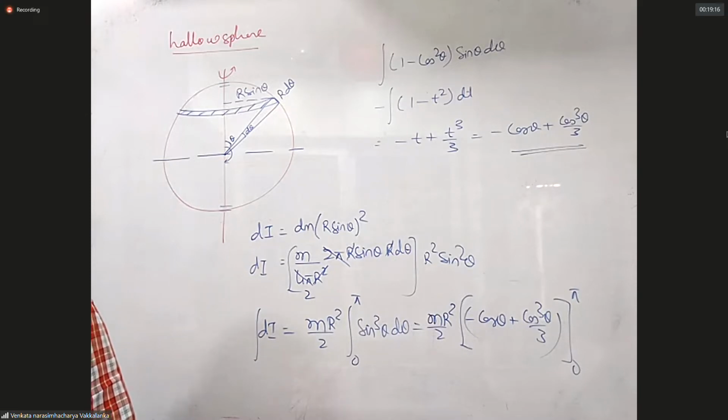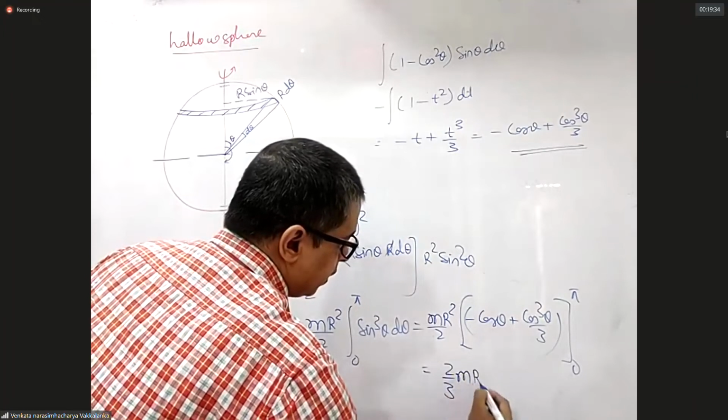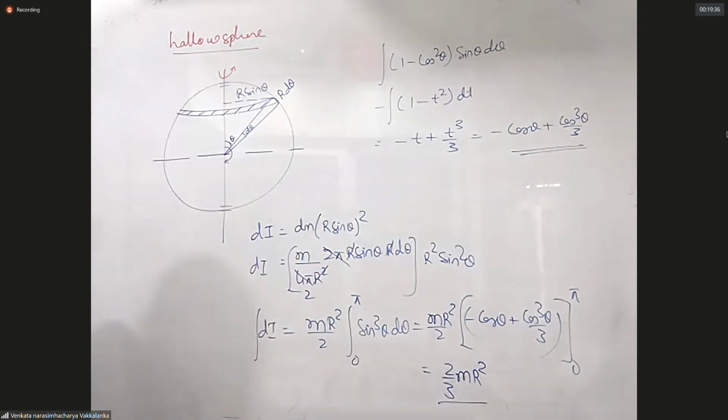So the answer is 2 M r squared by 3. 2 by 3 M r squared is correct. The answer should be 2 by 3 M r squared. All of you should get this answer.